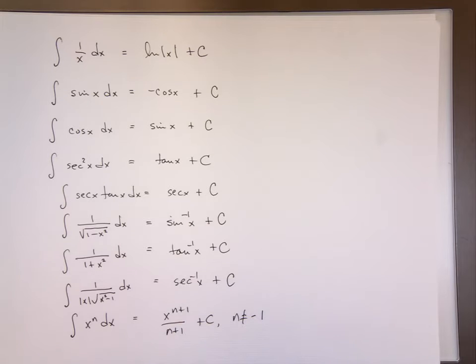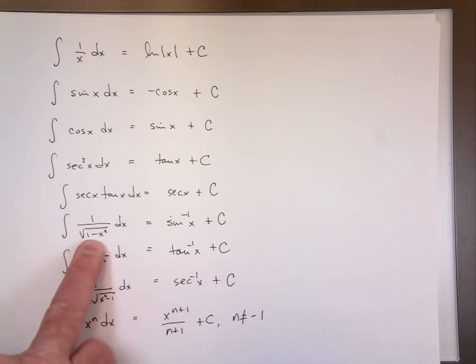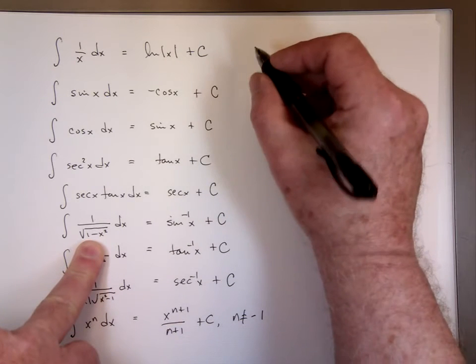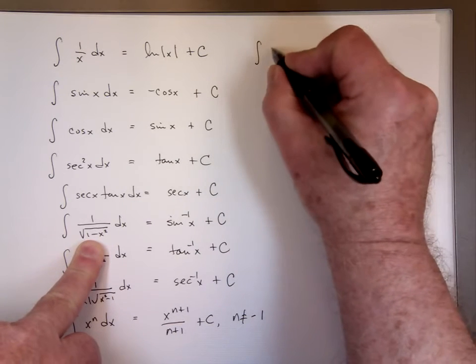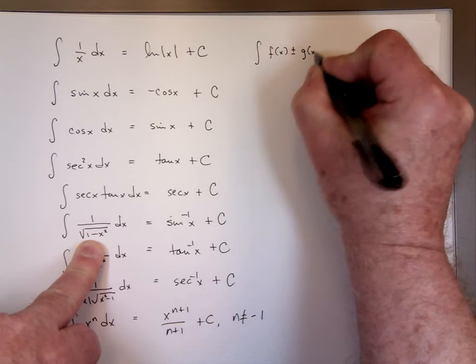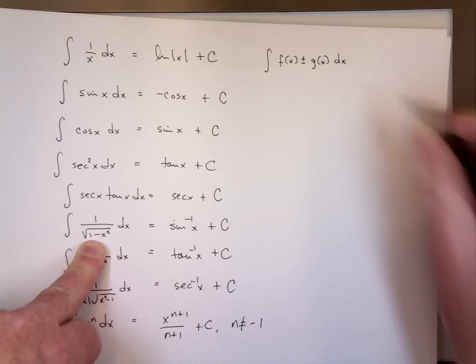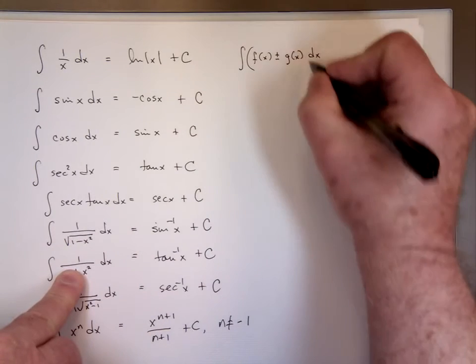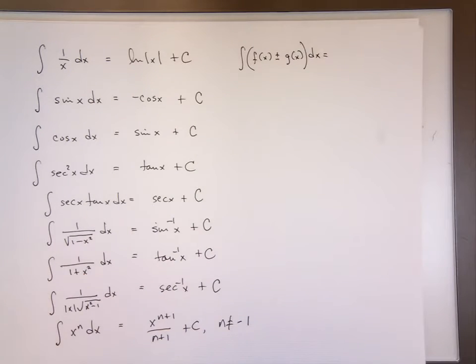Okay, one thing I do want to mention, let's take care of some of the properties of this. One property is if we have the integral of f of x plus or minus g of x, it would make sense that the integral of a sum or difference is the sum or difference of the integrals.